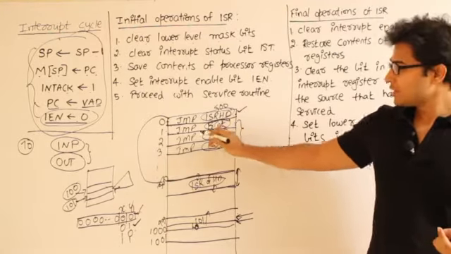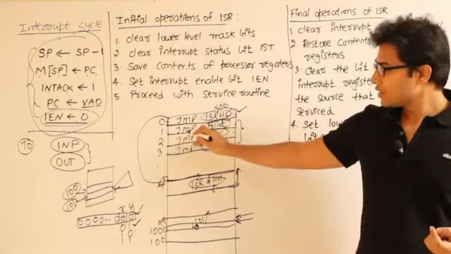Why? Because if you are executing the interrupt service routine of the printer, the hard disk can interrupt you, right? The logic behind it is, when you are providing service to a low speed device and suddenly a high speed device comes and asks for service, you can go to the high speed device, and since its speed is very high, you can provide the service very fast and get back to the low speed device.